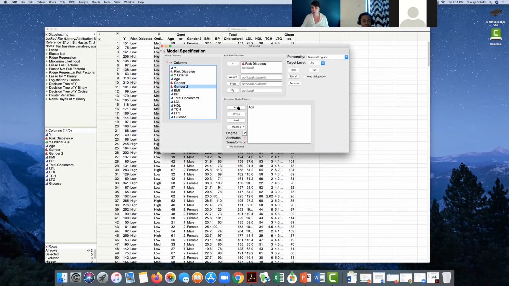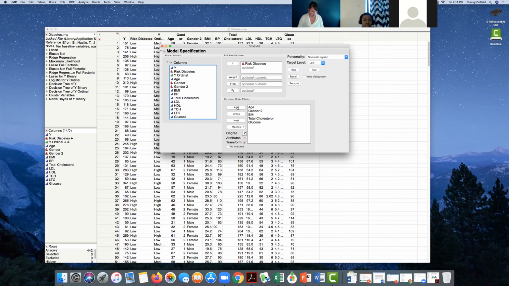I'm going to put gender in just to see if in the presence of other variables, gender now accounts for something else, but it might not. I don't have the expectation of gender being useful. I saw that in my unadjusted, but I'm going to stick it in here just to make sure. Let me throw in my BMI and my total cholesterol and my glucose.